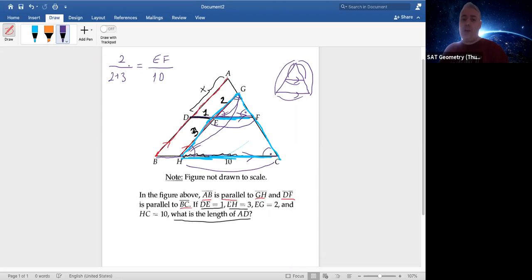So by calculating, 2 plus 3 is 5. So 2 over 5 is equal to EF over 10. Even I can simplify here directly, but if you don't see, just do it. 2 times 10, 5 times EF. So 10 and 5 simplify. This is 2. So 4 is equal to EF.